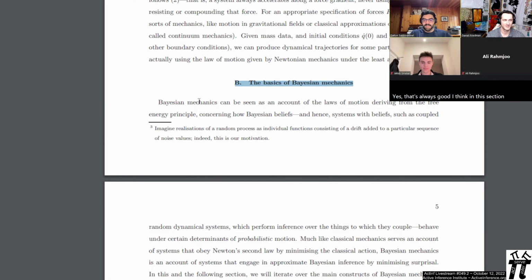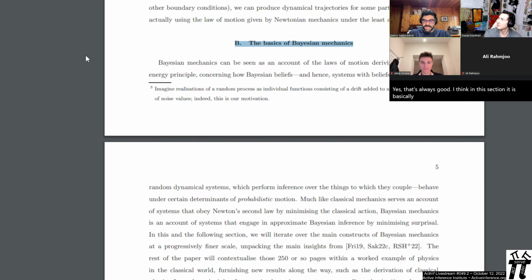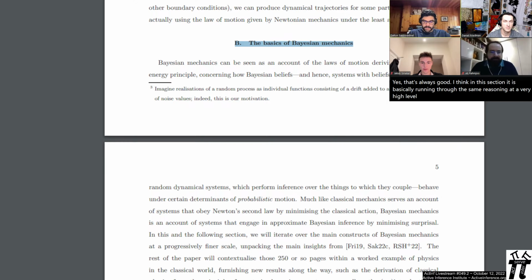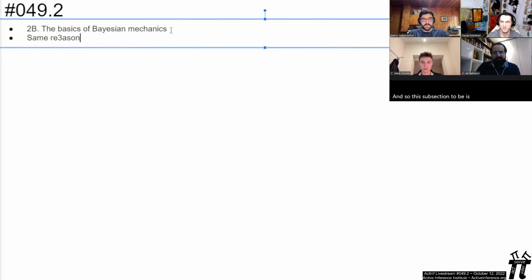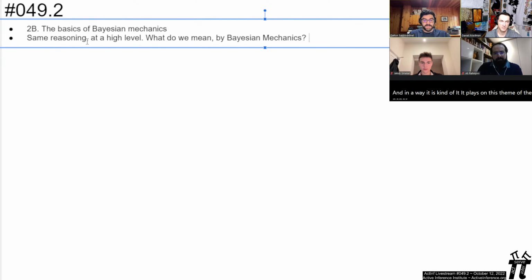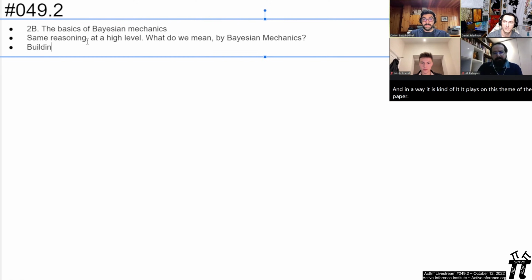In this section, it is basically running through the same reasoning at a very high level. This subsection 2B is all about, okay, what is Bayesian mechanics? What do we mean by Bayesian mechanics? And in a way, it plays on this theme of the paper I just mentioned, the Bayesian mechanics paper, very nicely, because this gives us the basics of what we're talking about.